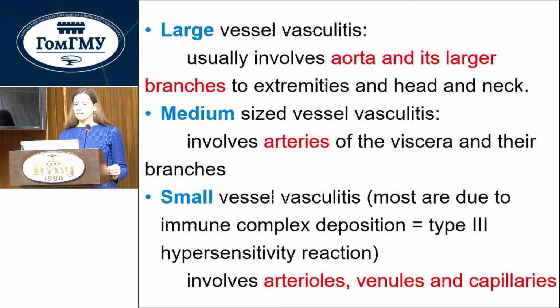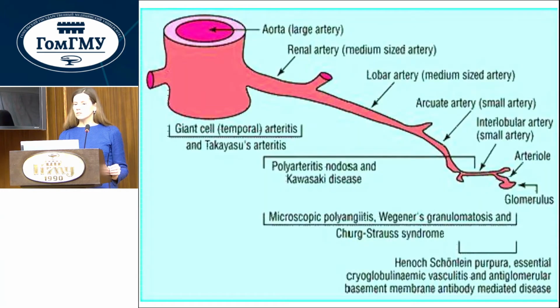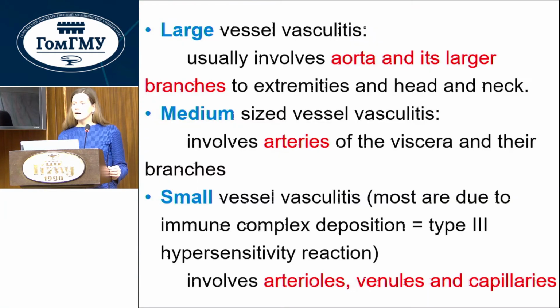We have information in this slide and a picture about it. A good example of size: the aorta is a large artery, the renal artery is medium size, and the glomerulus is small vessel.